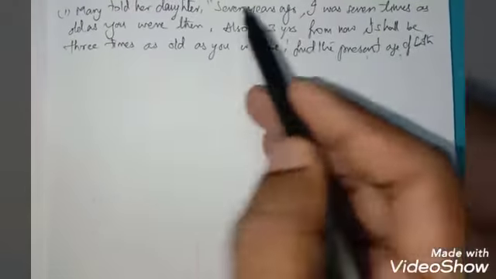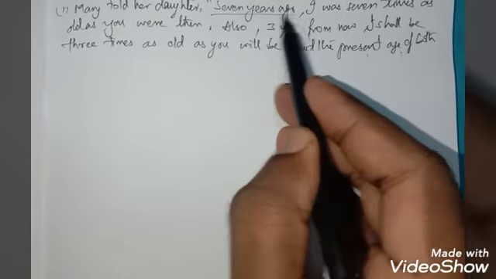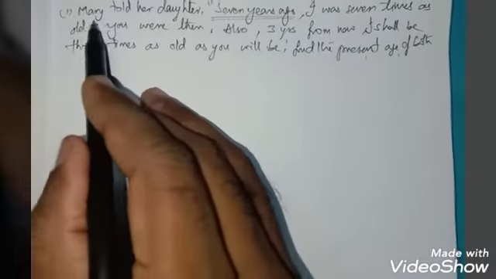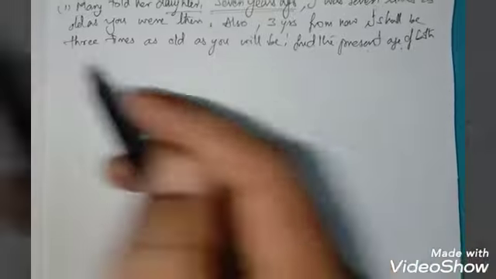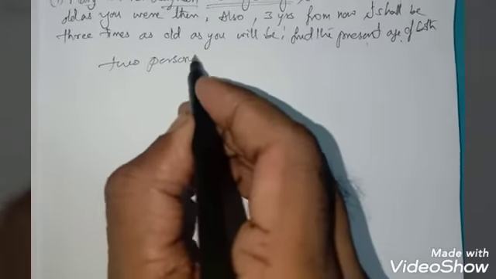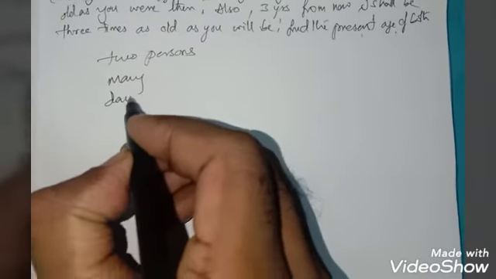Read once again the first line. 7 years ago, who are those persons? One is Mary and another is her daughter. So there are two persons.